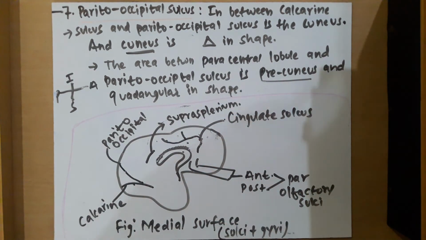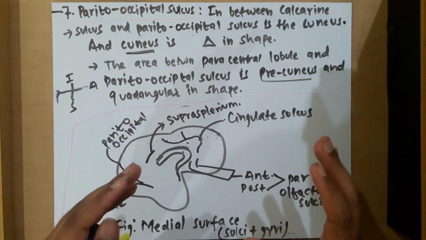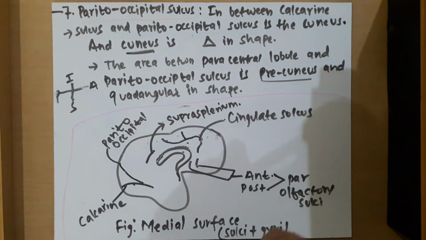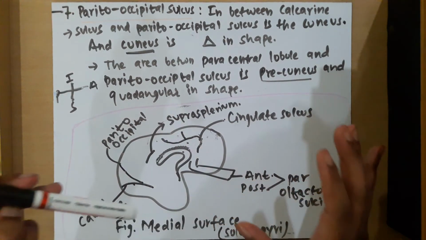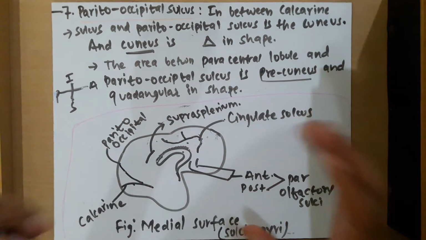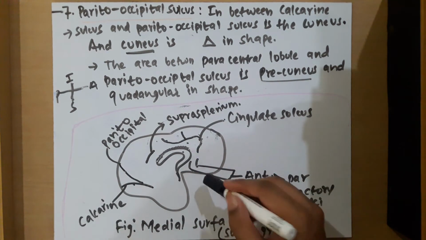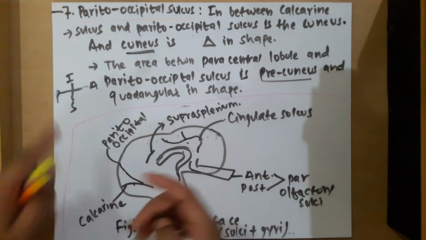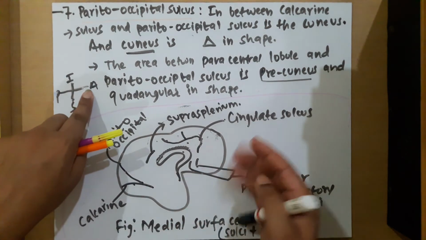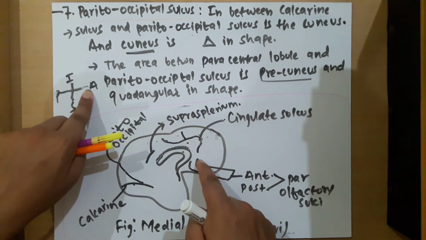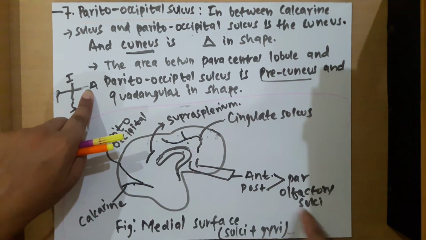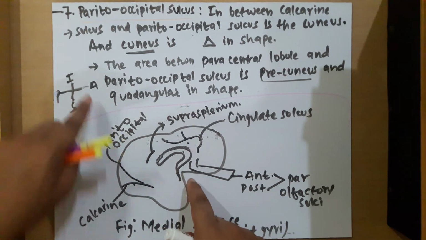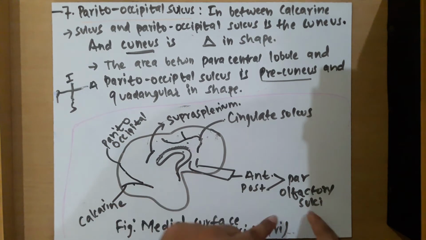Once again about the gyrus, I want to tell it, since I have not labeled it. I have mentioned the index, the anterior side, so this will be the anterior parolfactory sulcus, and this will be the posterior parolfactory sulcus.